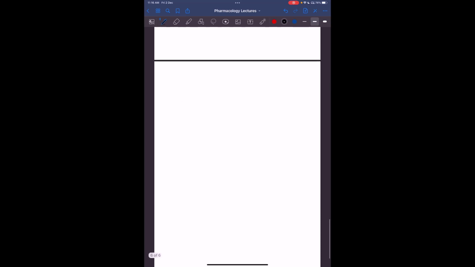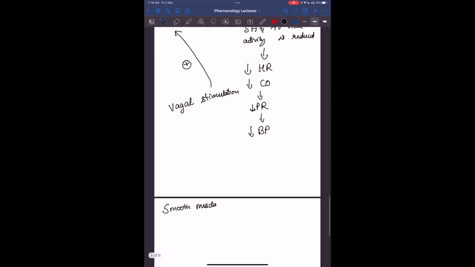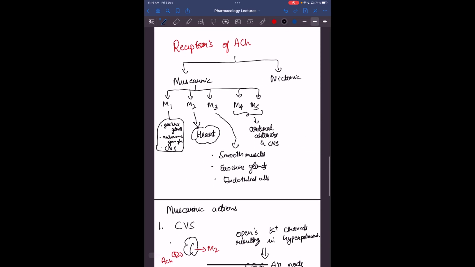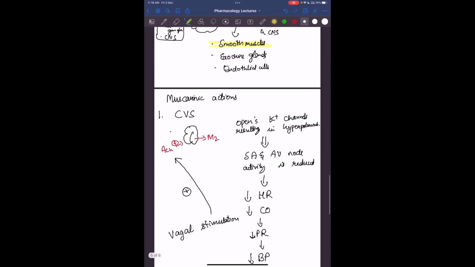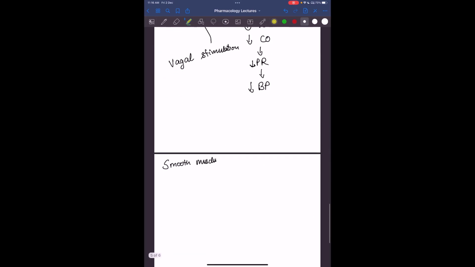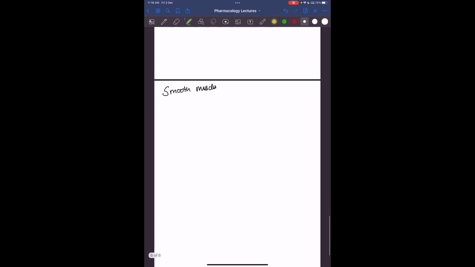Now we'll see the second place, smooth muscles. As I said, smooth muscles consist of M3 receptors, and exocrine glands and endothelial cells are also there. Smooth muscles are present in the GIT, and the urinary bladder has smooth muscles.